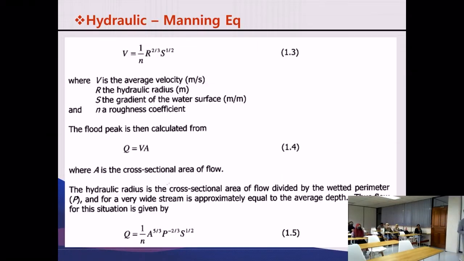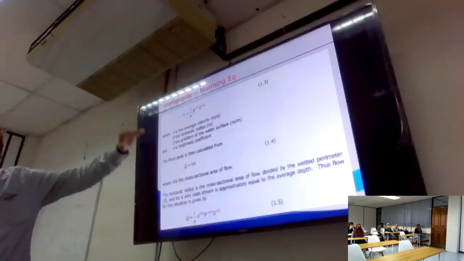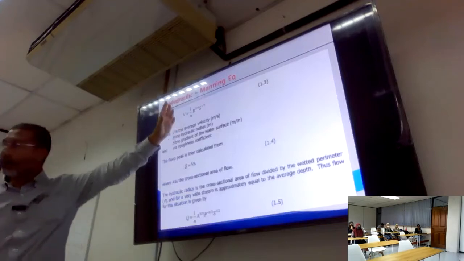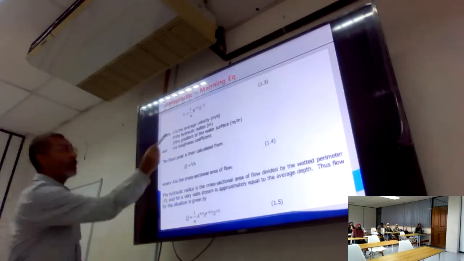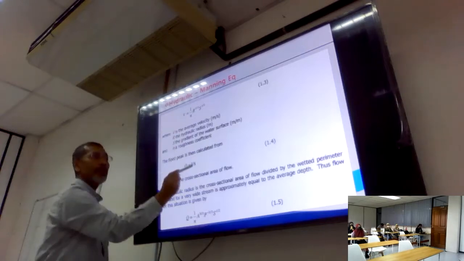Okay, and then this is another formula, the Q equal to VA I mentioned just now. The Q, before the Q equals CIA, we have gone through that, the hydrology. So this is the hydraulic formula. Q equals VA, and the V goes to 1 over N, and of course V can be substituted in here.